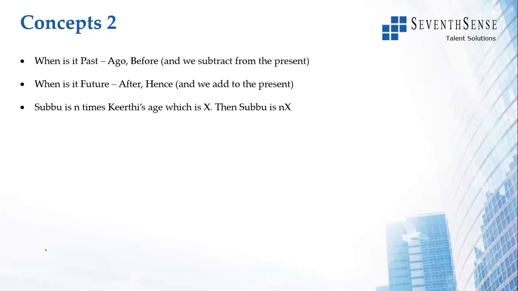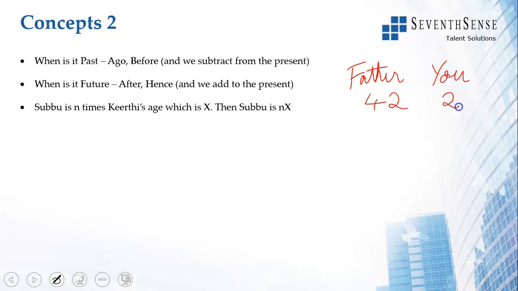The other key thing that you have to look at is if I say your father is 2 times your age. So this is father, this is you. Let's say you are 21 and your father is 42. You would say your father is 2 times your age. The other way of writing that is n times 21, where n is 2.